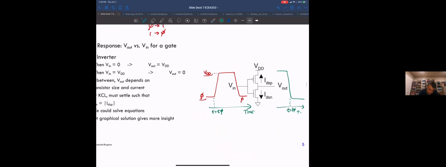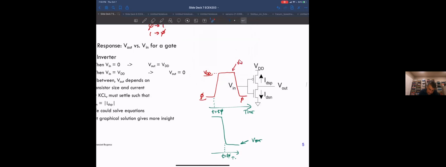If you look at this rise versus the output falling, these are happening roughly at the same time, except with some delay. To not make it too confusing, I'm gonna do this. So this is Vout, and this is Vin.